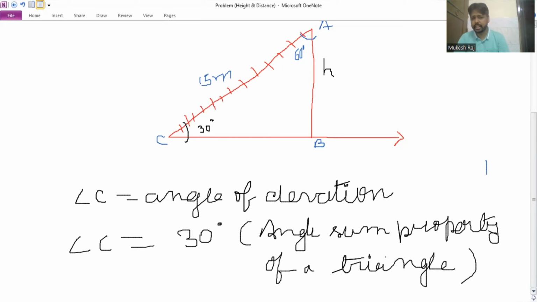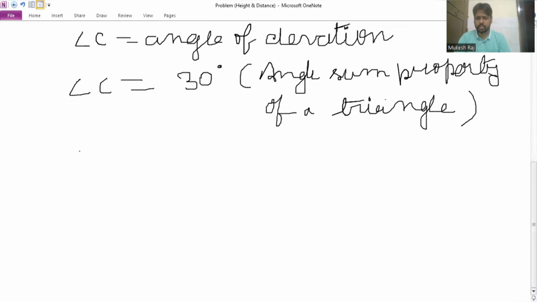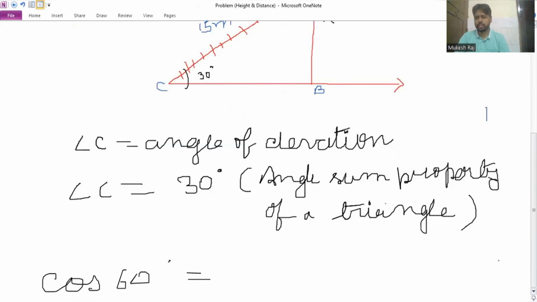So in this right angle triangle, let us use cos 60. Either you use sine 30 or cos 60. I'm using cos 60 degrees, which is equal to the adjacent upon hypotenuse.